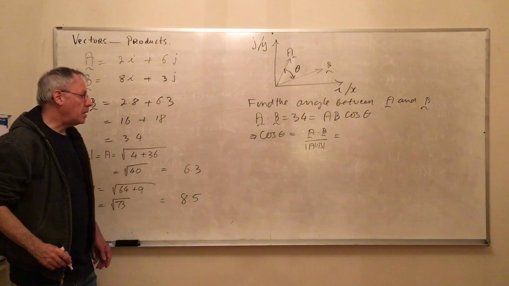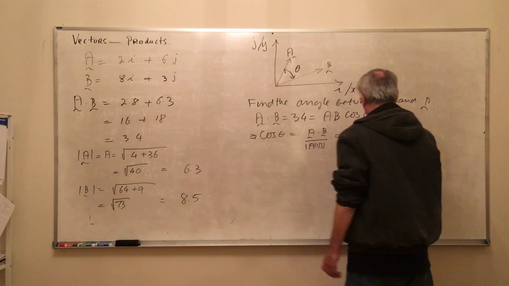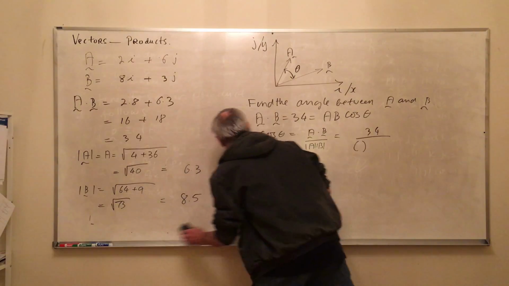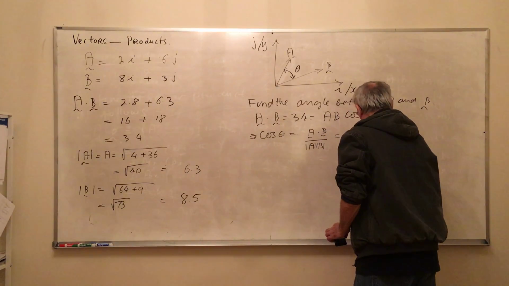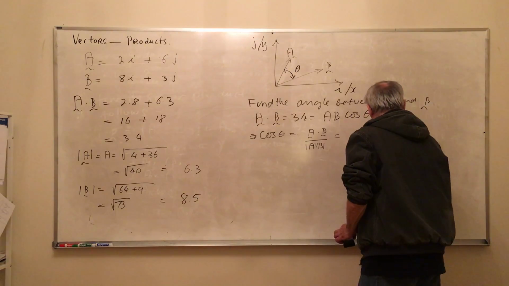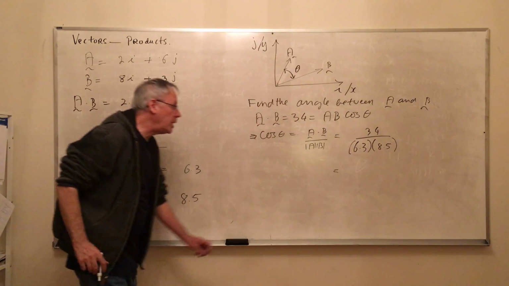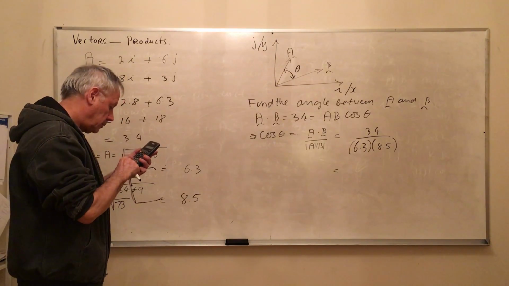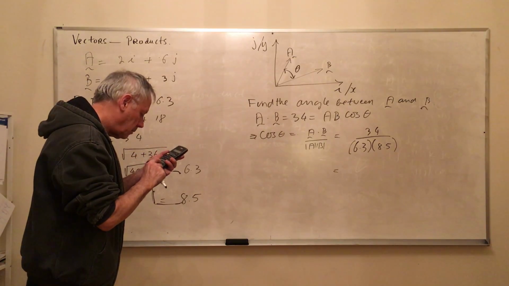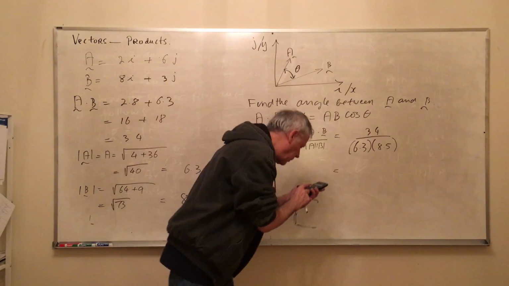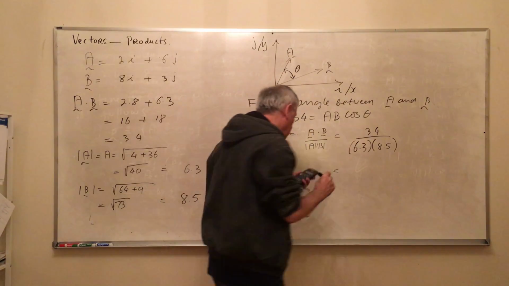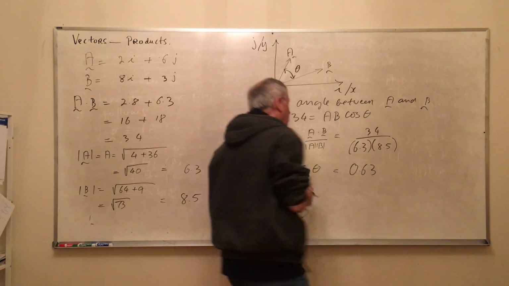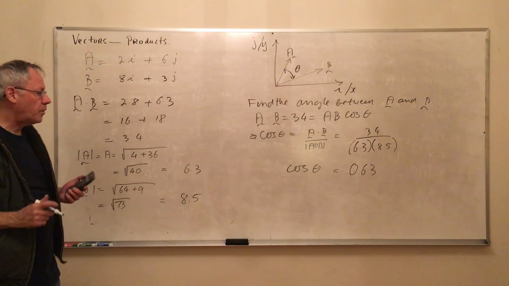So therefore, cosine theta is A dot B over the product of the magnitudes. So the cosine of the angle between them is 34 divided by these two numbers, and we'll figure it out. So the cosine of the angle between the two vectors is 0.63.